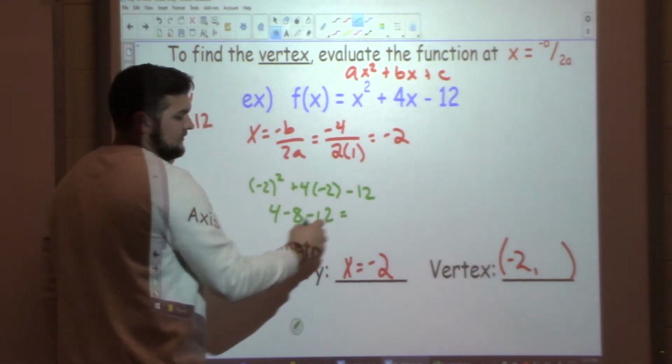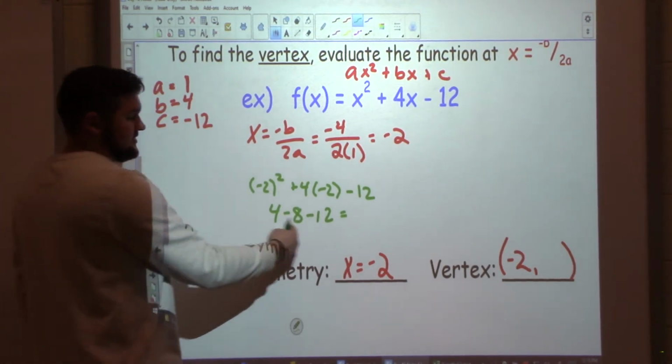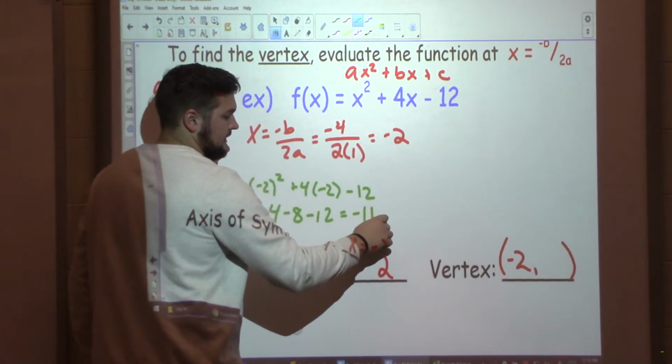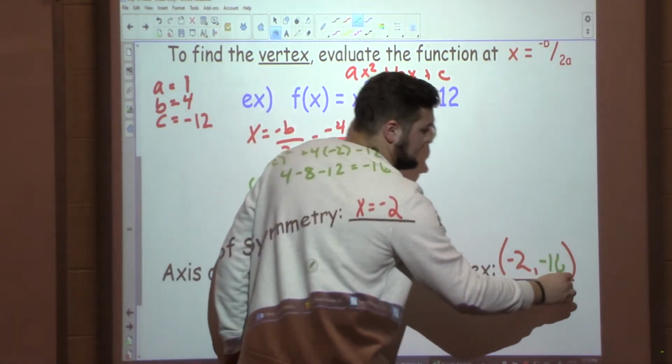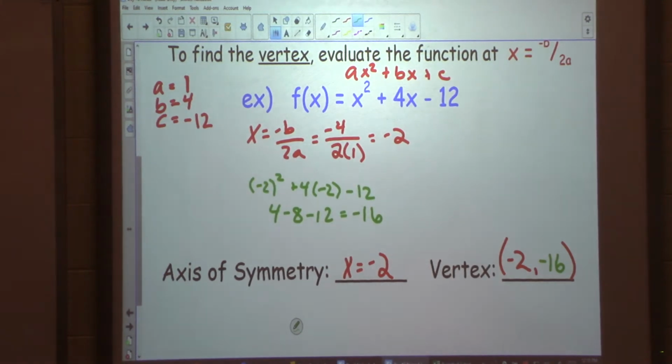And then minus 12. 4 minus 8 is -4. Minus 12 is -16. Alright, just evaluating this. So my vertex then would be at -2, -16. That is the most important point in your parabola or your quadratic equation, because if that's not correct, nothing's going to be correct.